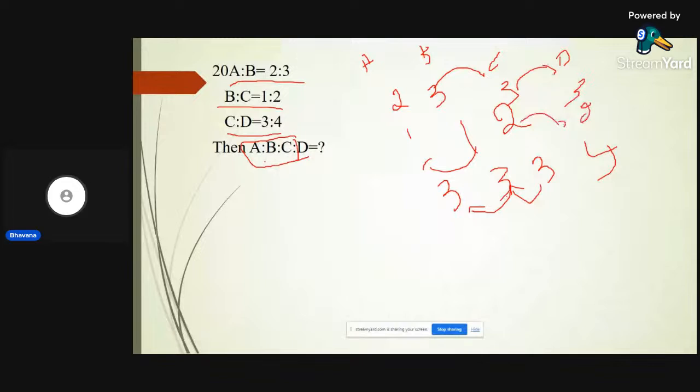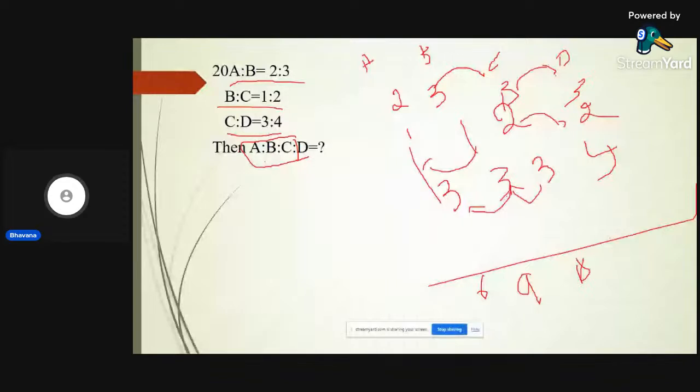So then multiply now. What will we get as the answer here? 2 into 3, 2 into 3 into 1, that is 6. Next, 3 into 1 into 3, that is 9. So then here 3 into 2 into 3. 3 3s are 9, 9 2s are 18.